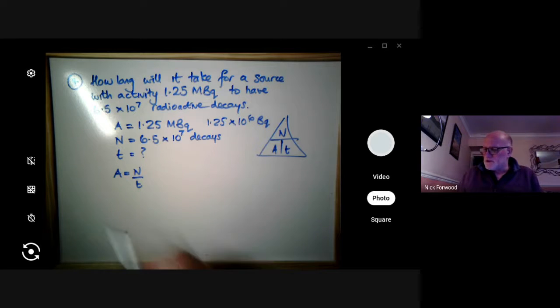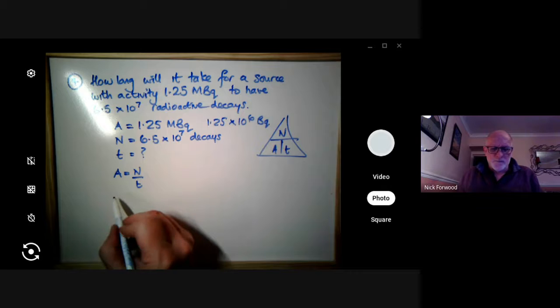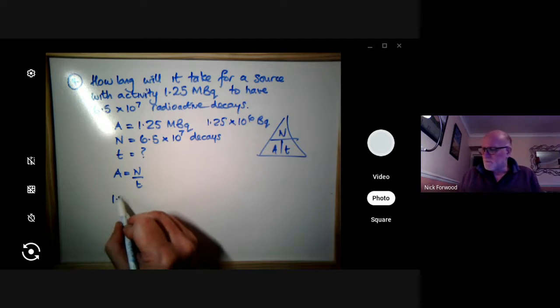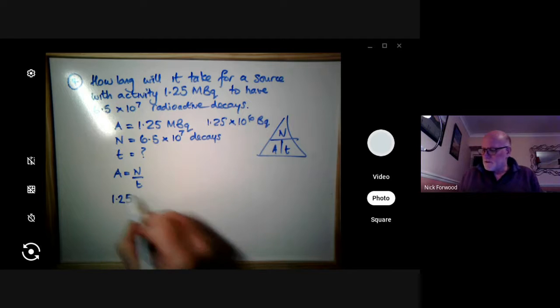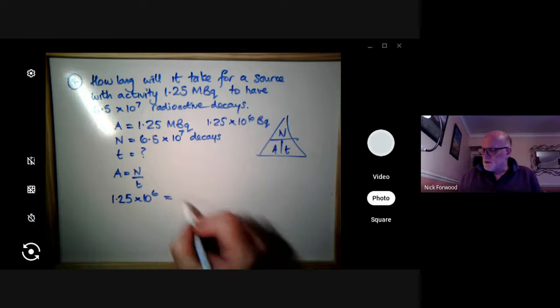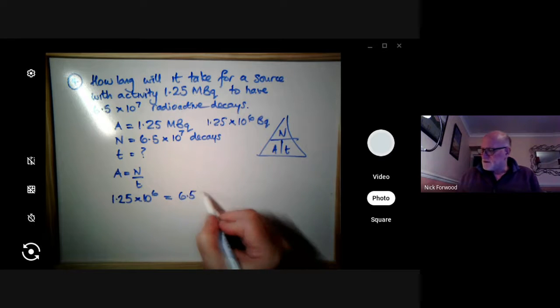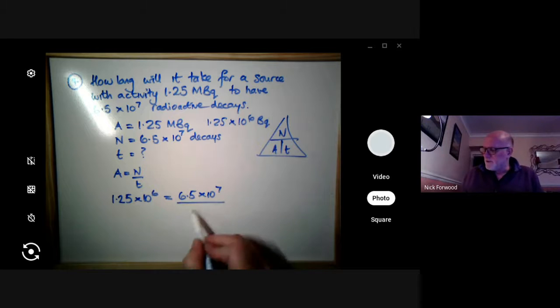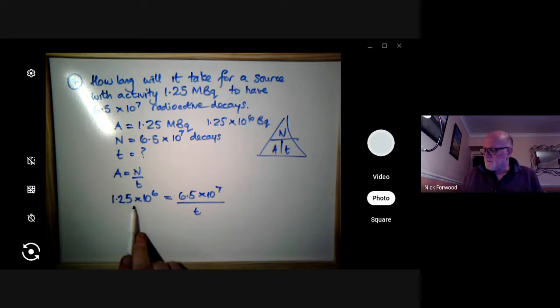So we just go for 1.25 times 10 to the power of 6 equals 6.5 times 10 to the power of 7, all divided by t. There's my A, there's my N, there's my t.